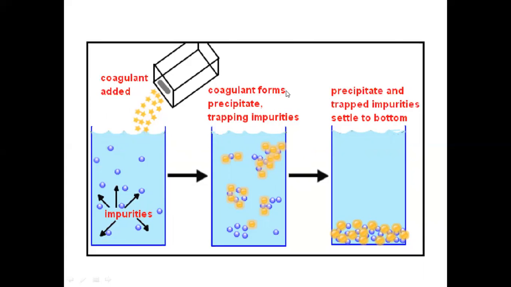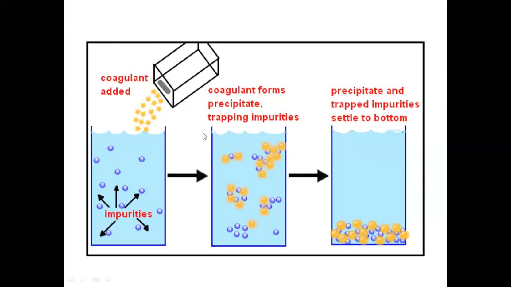The coagulant forms a precipitate trapping the impurities, and as the molecular weight increases, they can easily settle down to the bottom, so that we can easily filter or blow down. This is the mechanism observed in Colgan.